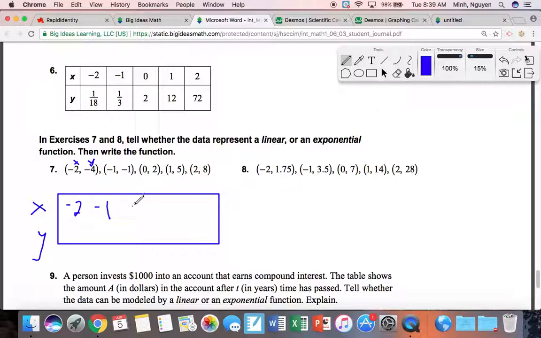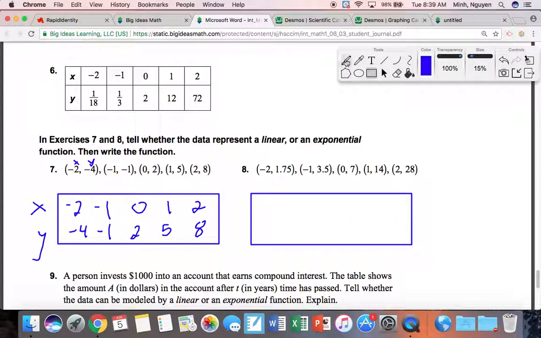Negative 1, 0, 1, 2, negative 4, negative 1, 2, 5, 8. So do the same thing that you did for 5 and 6 on these tables. So you're just testing if it's addition or subtraction or multiplication, really.